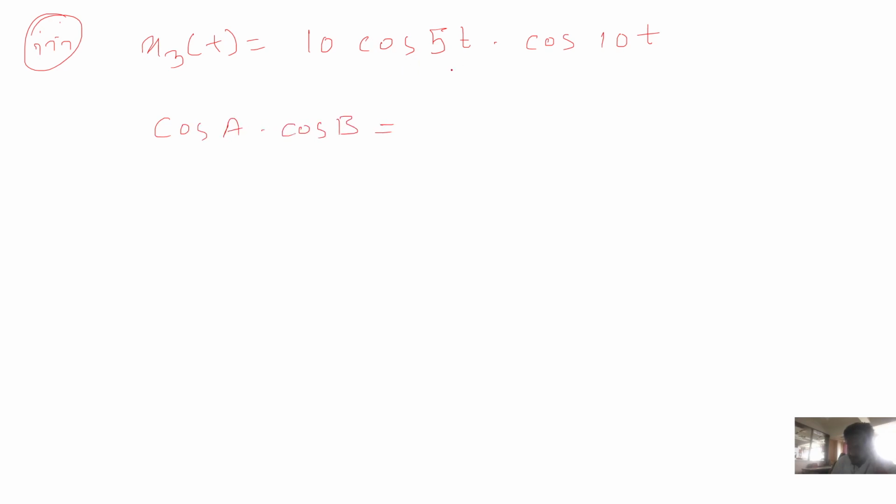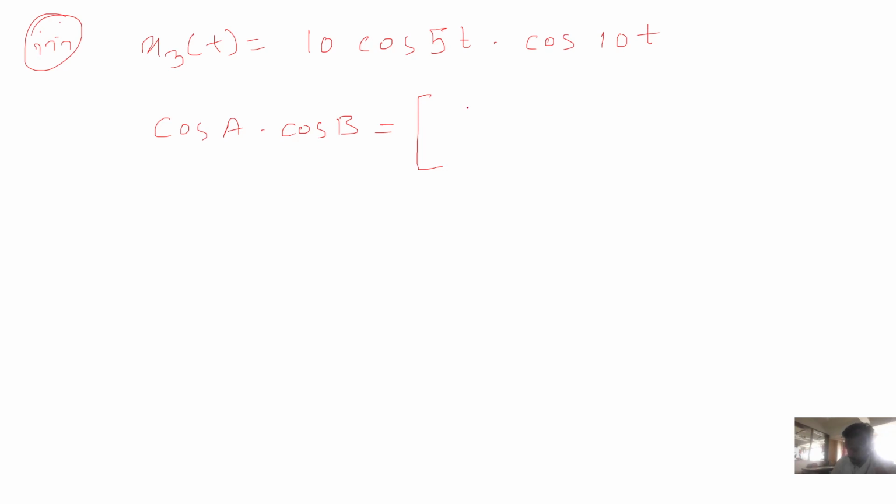Next one. I am trying to take as much variety as possible so that it will be clearer to you. x3 of t is equal to 10 cos of 5t into cos of 10t. So what is cos A into cos B? Does anyone remember the formula for this?